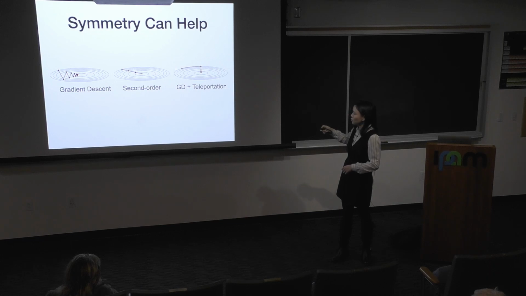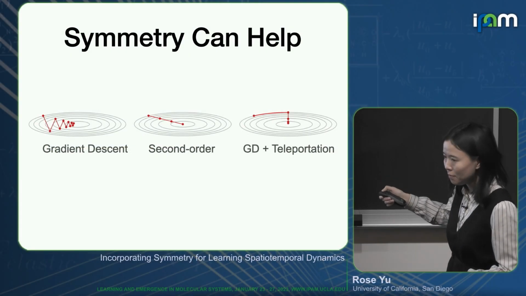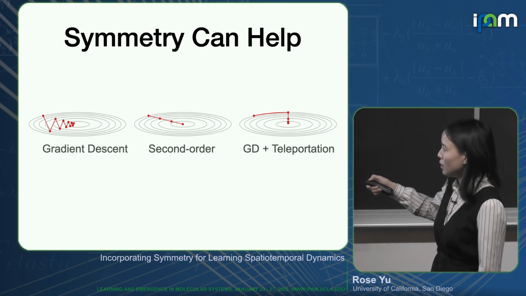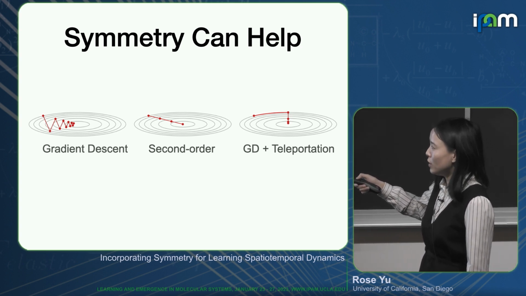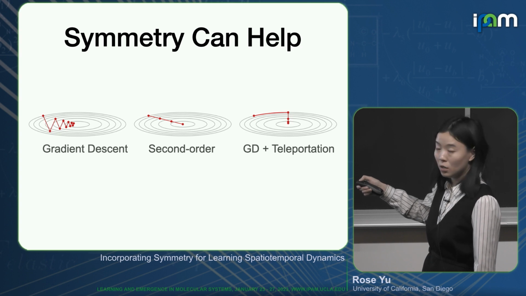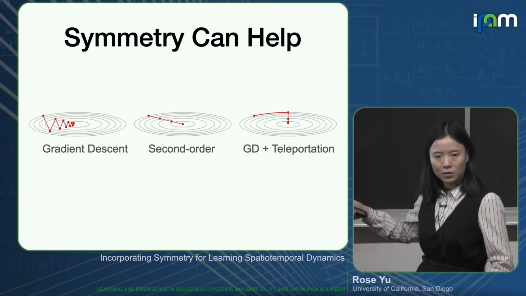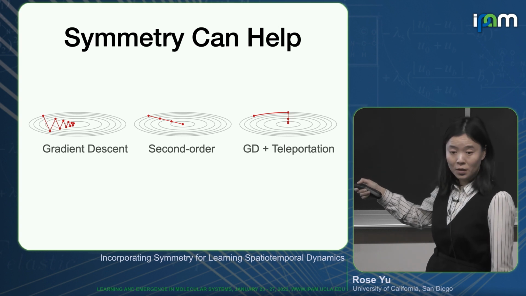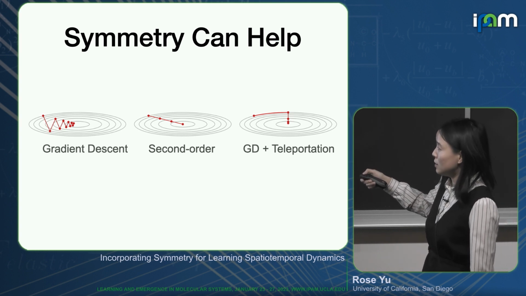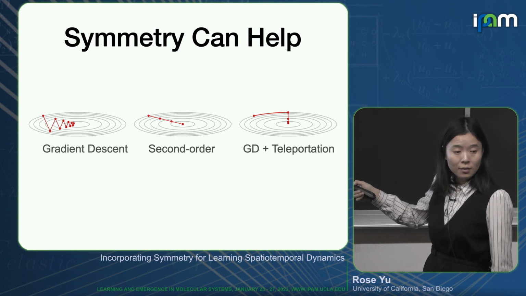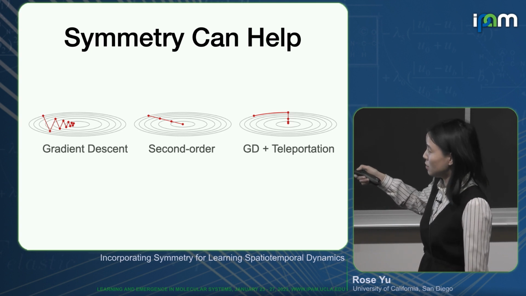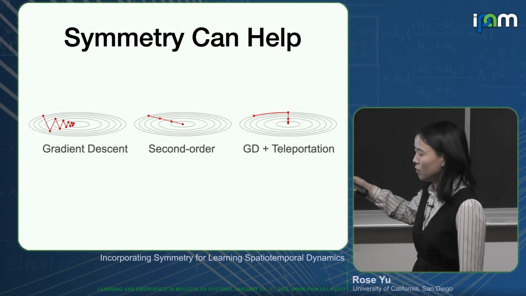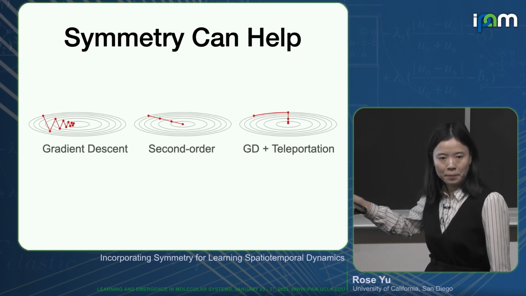Essentially, if we are looking at this landscape, we can see intuitively that if we start from here and just do gradient descent from this point to the local minima, it will take a long time. However, if we start from a different position and do gradient descent along this direction, it's obvious that this direction is shorter, so it will take less time to converge to the local minima.